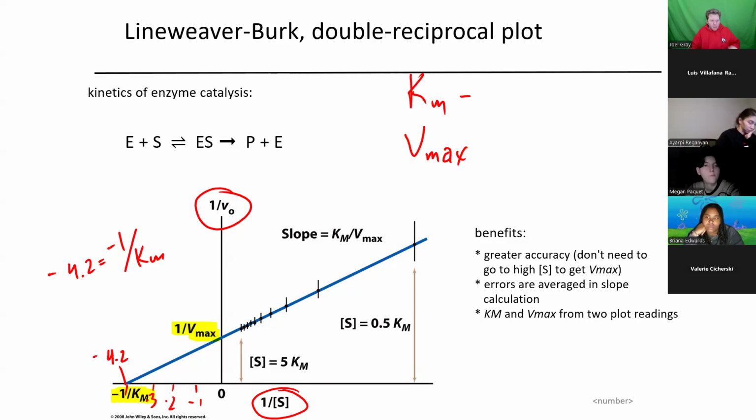Now, if we have an enzyme that has a Km for substrate A and substrate B, we have an enzyme that has a Km of, I'll just use those same numbers, 0.1 millimolar and 0.1 nanomolar.